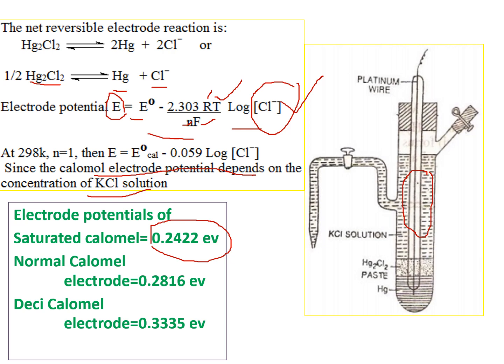If you fill one normal KCl solution, it is called the normal calomel electrode. Its electrode potential is 0.2816 volts. If you fill 0.1 normal KCl solution, then the electrode potential becomes 0.3335 volts. It is called the decicalomel electrode. But the most often used calomel electrode is the saturated calomel electrode. Its electrode potential value is 0.2422 volts.